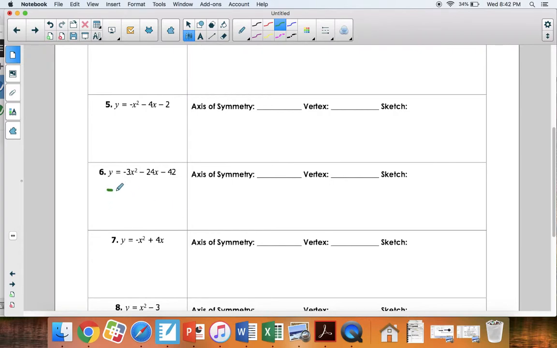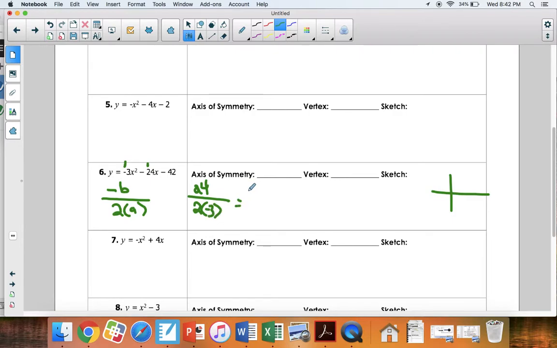Formula doesn't change, so we have the opposite of b over 2 times a. My b is here, my a is here, and I'm going to eventually draw a sketch out. So the opposite of b, which is -24, is going to end up being positive 24, all over 2 times -3.